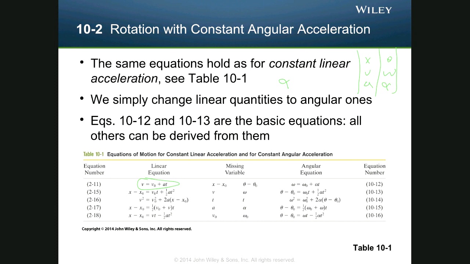Well, actually perfectly, right? You can just replace each one. You'll notice you go down the list, you can replace each one because the calculus again remains the same. If you have a as constant and integrate it up, it's the same as having alpha constant and integrating it up. It's just now you have omegas and thetas instead of x's and v's.